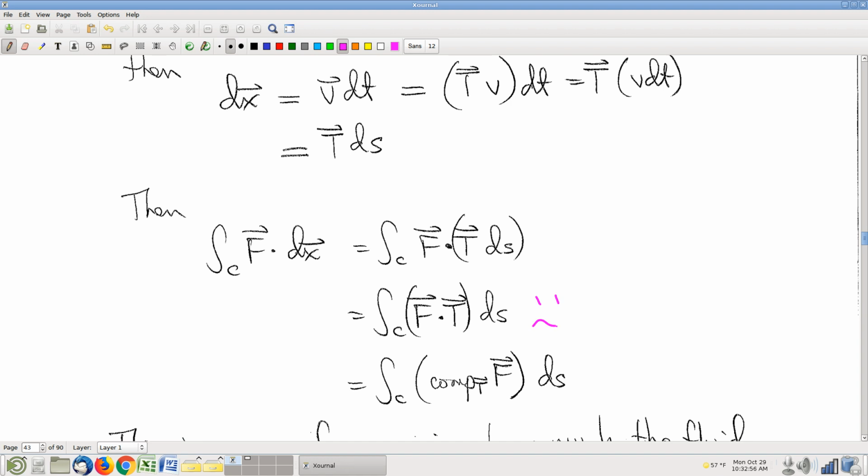It's fine. By the way, this is the notation the book uses a lot for vector line integrals, f dot t ds. I find it less appealing. I think this is more relatable and notationally natural for my tastes. Okay, anyway, nevertheless, this is true.